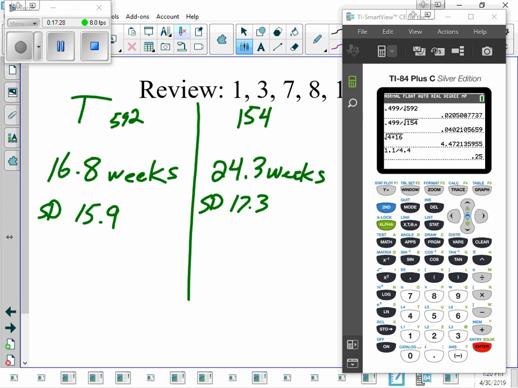Not community service, but a job that paid you money. The average for the people that were given financial assistance was 16.8, and the average for people who received no assistance was 24.3. So what does it look like the financial assistance did in this study? It actually seemed to make them work less.